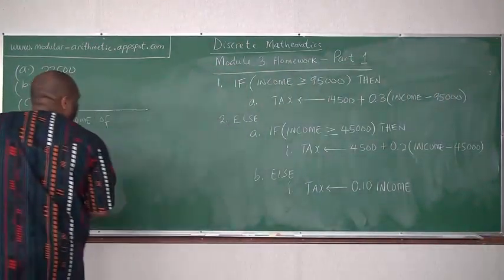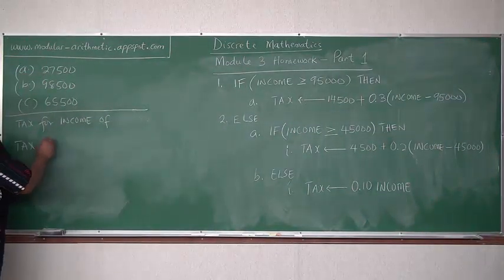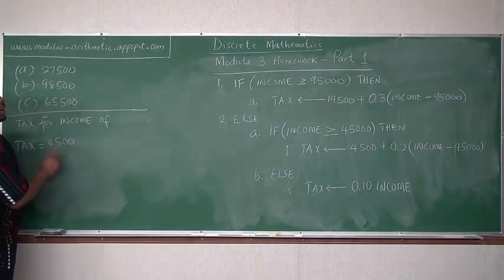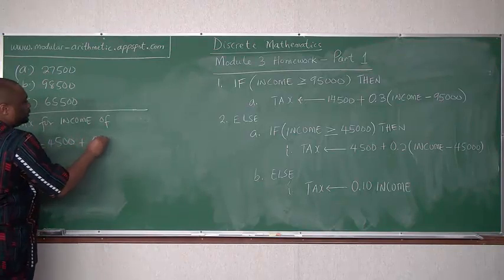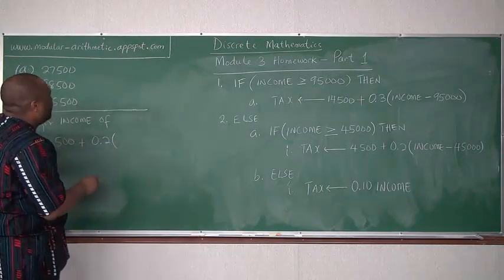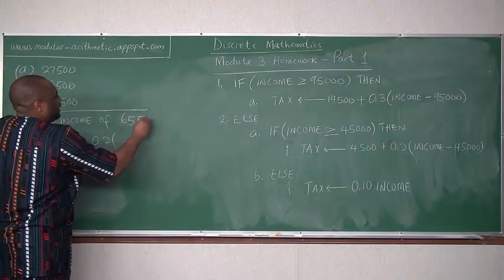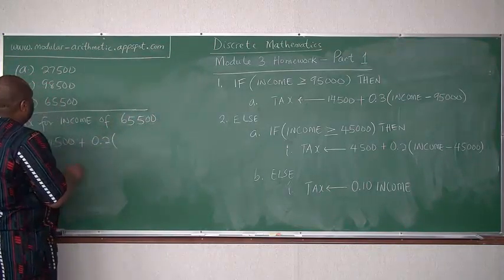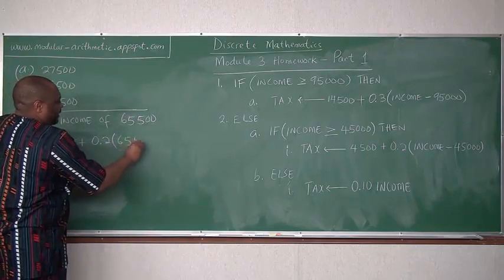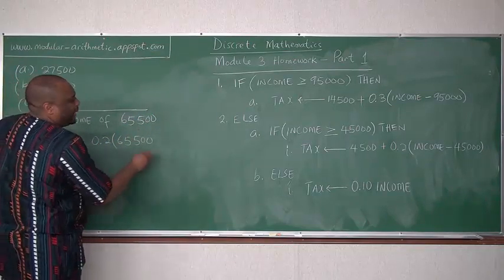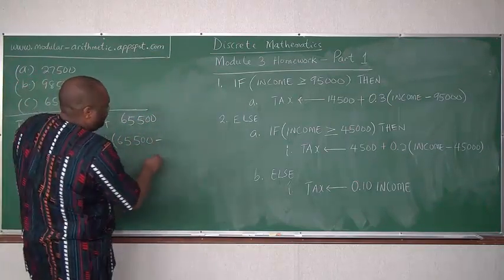So the tax will be, set the tax to be 4,500 plus 0.2 times the income, in this case 65,500 minus 45,000.